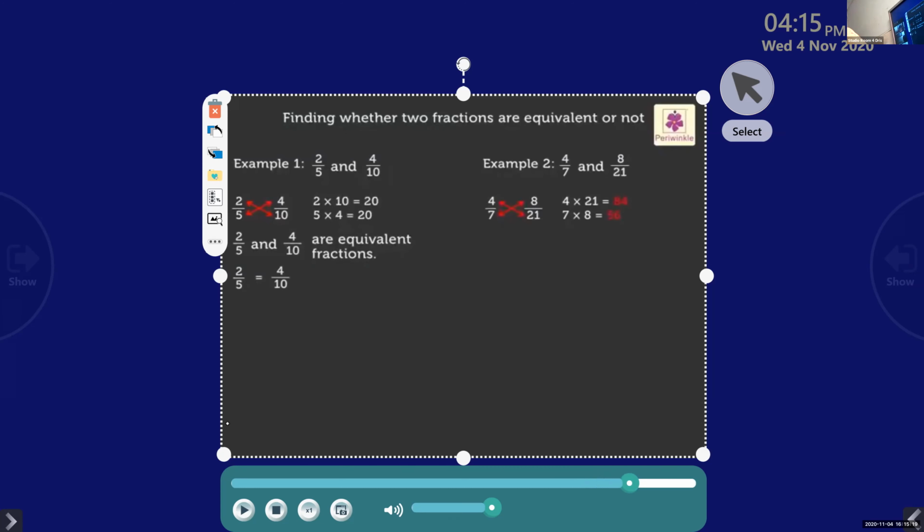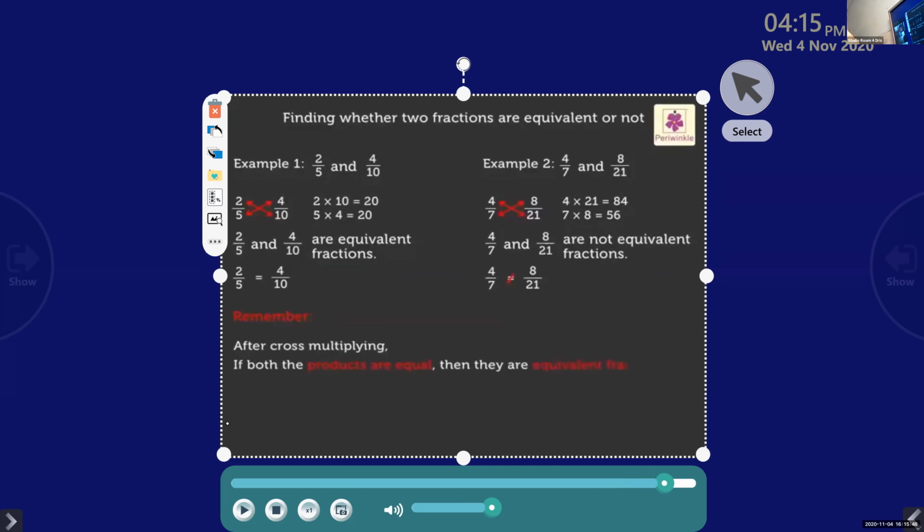Thus, 4 upon 7 and 8 upon 21 are not equivalent fractions. We write it as 4 upon 7 is not equivalent to 8 upon 21. Kids, remember, after cross multiplying, if both the products are equal, then they are equivalent fractions. If both the products are not equal, then they are not equivalent fractions.